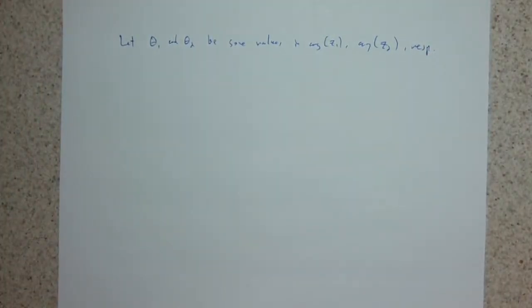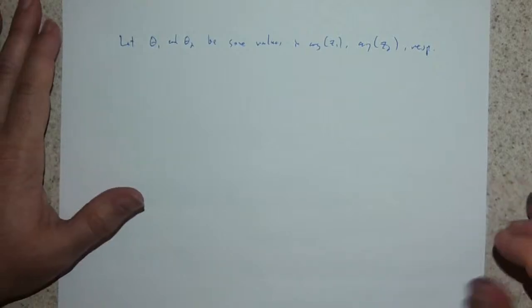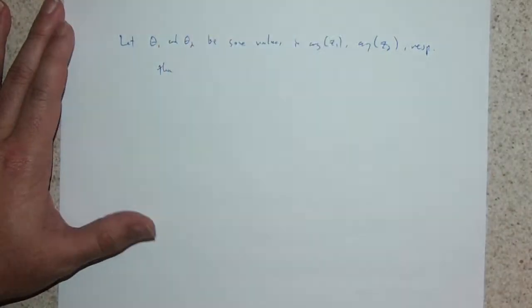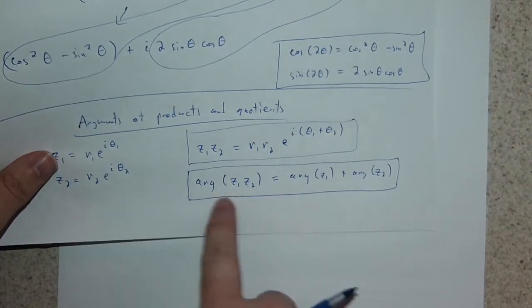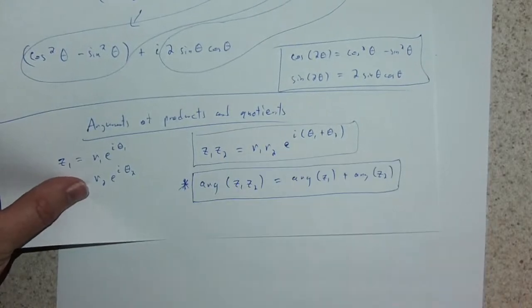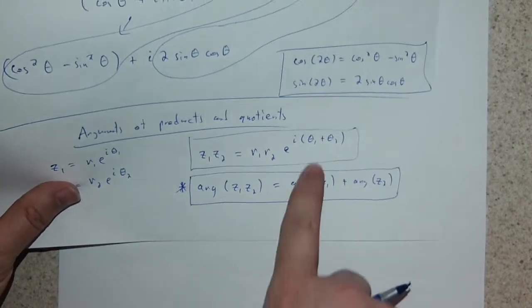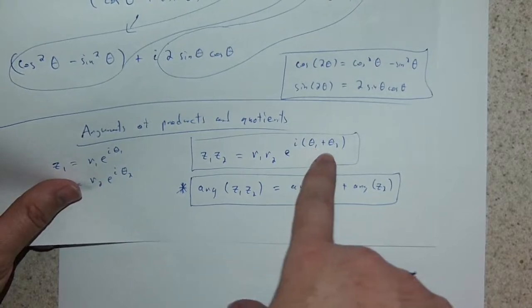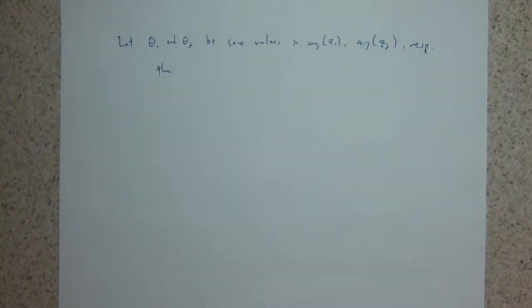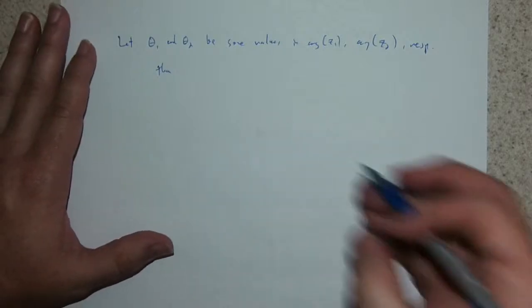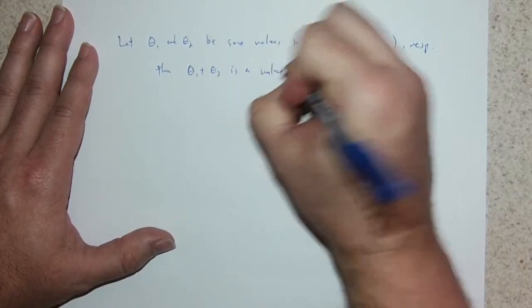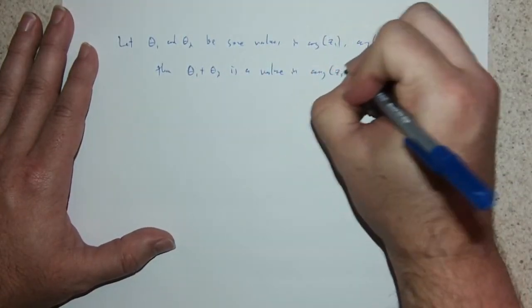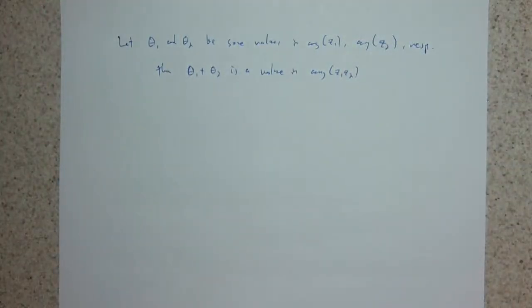Then if this statement is going to be true, then what must be true is that theta 1 plus theta 2 has to be a value in the argument of the product z sub 1 times z sub 2.